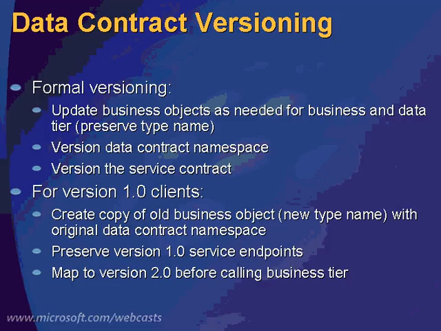And then for the earlier clients, we need to probably create a copy of the original object that they used to use and create a data contract for that that represents the old namespace, and then keep that as part of the old service contract.